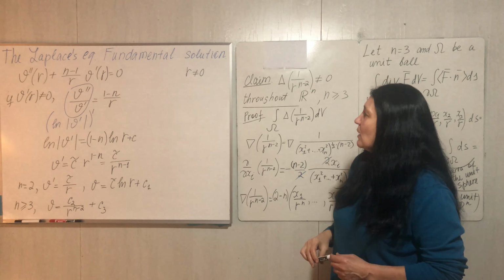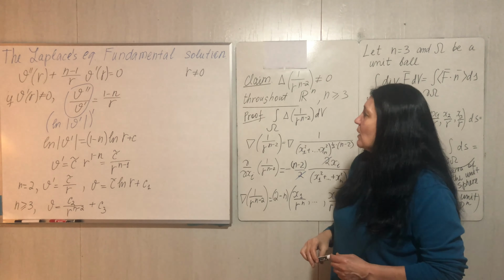Obviously, if we have here the power n minus 2 over 2, then it will be this number, and the power will be 1 less, times the derivative of the inside. Finally, we get that the gradient of this function is 2 minus n, and each component of the vector will be xi over r to the n.